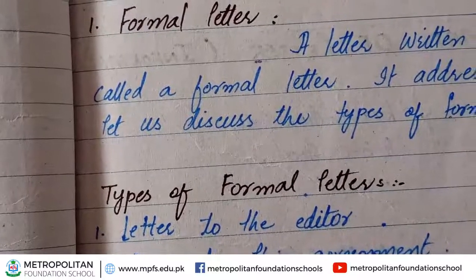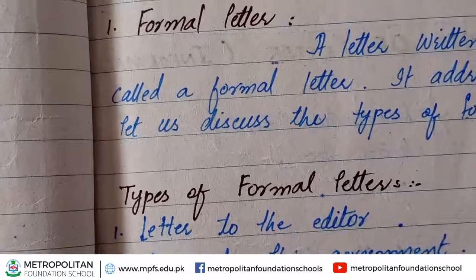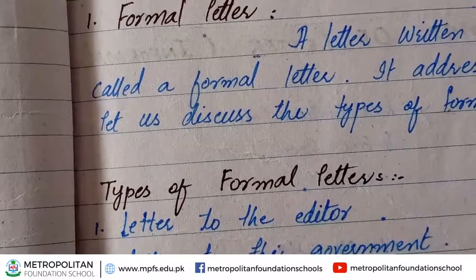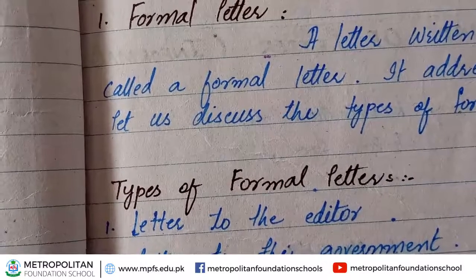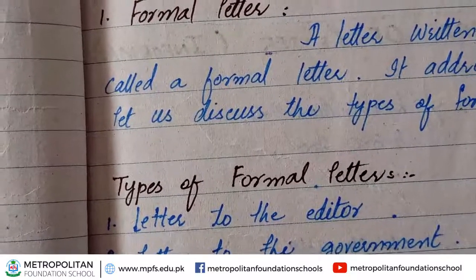And now we put the date. The date can be written using numerals, in the format of first date, then month, then year. For example, 14-5-2021.